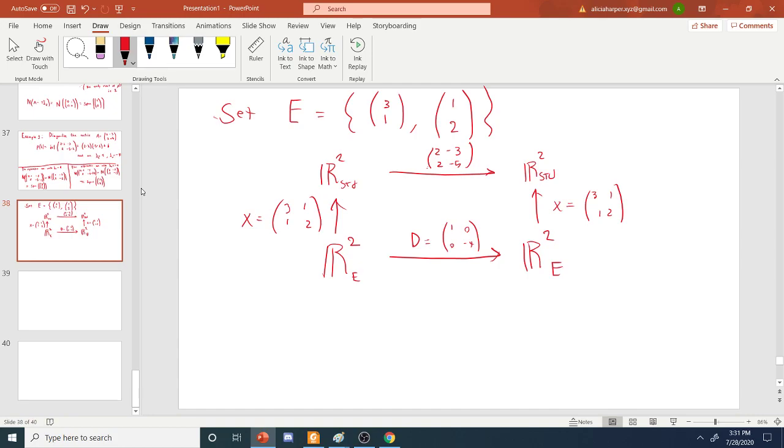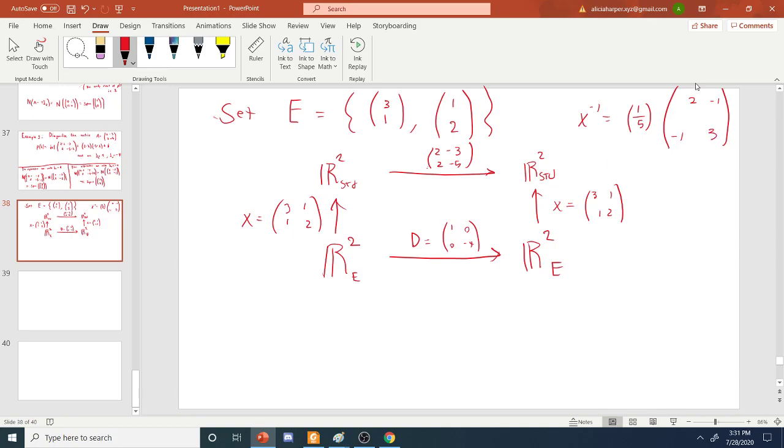Now let's quickly note that X inverse here is going to be 1 over 5 times, let's see, 2, -1, -1, 3.